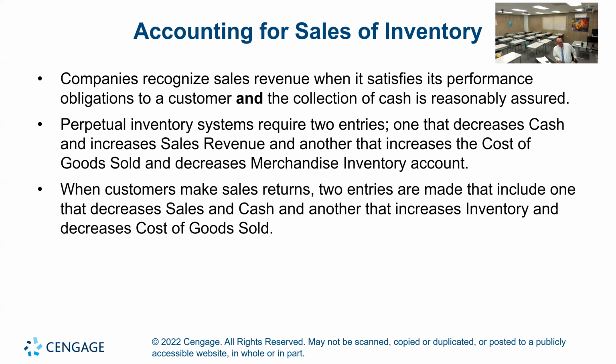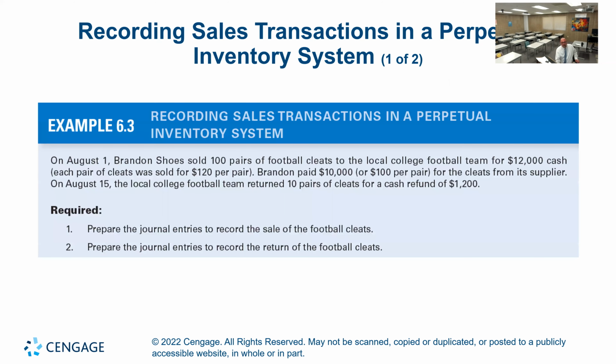We're going to record our sales revenue and our cash or accounts receivable or whatever it may be, but we also need to record an increase in an expense, cost of goods sold, and a decrease of inventory going out, with a credit entry. So there's always a dual entry when it comes to sales.